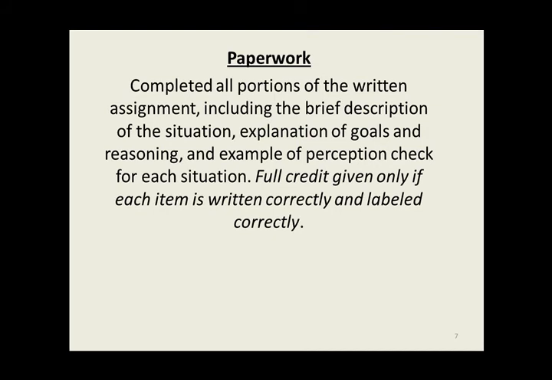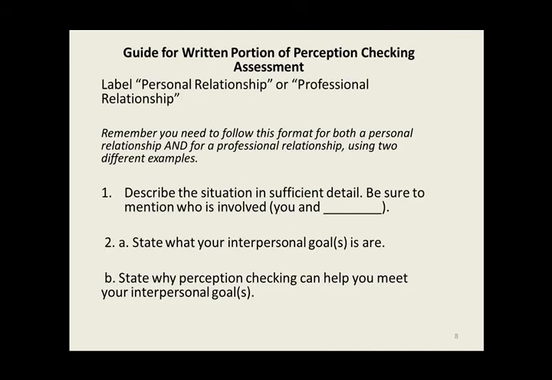So let's take a quick look here at the format. When you type out your written portion, start with personal relationship at the top and label it personal relationship. Under that, you'll type number 1 and then describe the situation in detail, such as, "My brother Bill and I were watching TV. He suddenly got up off the sofa and left the room without saying anything." That could be one example.